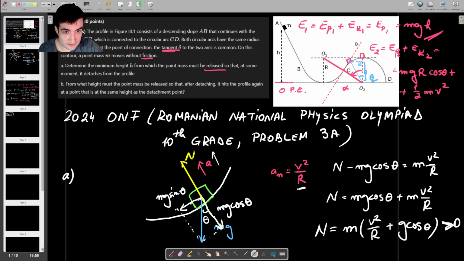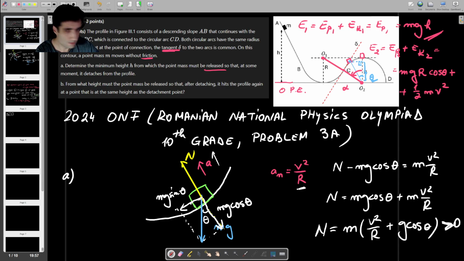I can extend it like this as well. So those radii from the two circles O1 and O2 are basically parallel to each other as well. So this line from O1 to O2 has a length which is 2r.